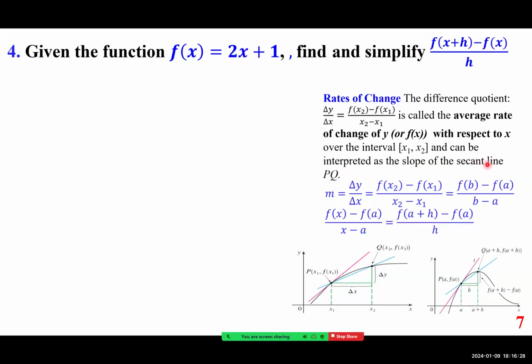Now, how do you find that? There are different ways of approaching it. If you go with x sub 2 and x sub 1, we have this formula. First of all, you remember it's y sub 2 minus y sub 1. Just to remind you, of course, everybody knows. y sub 2 minus y sub 1 over x sub 2 minus x sub 1.